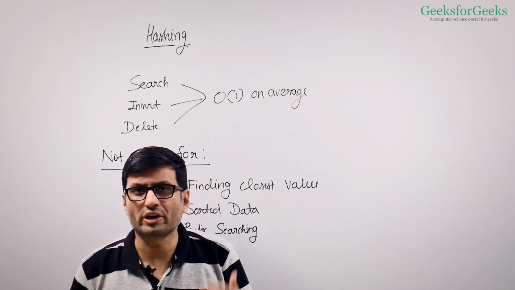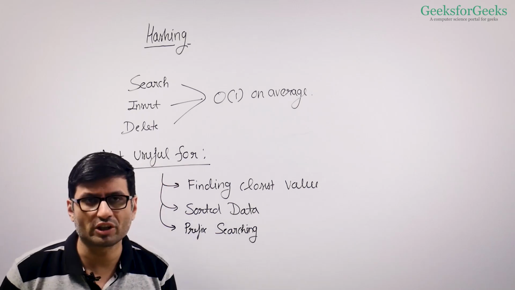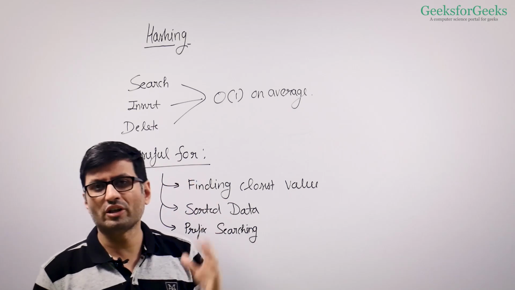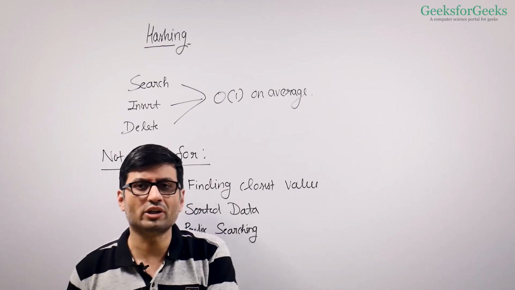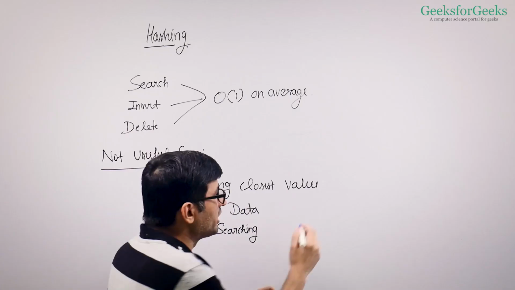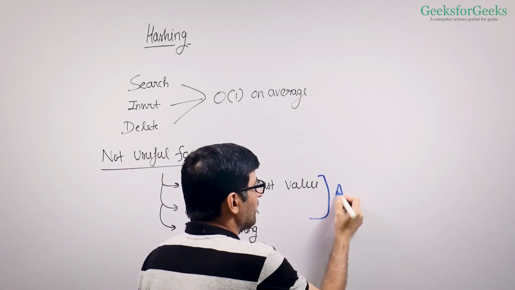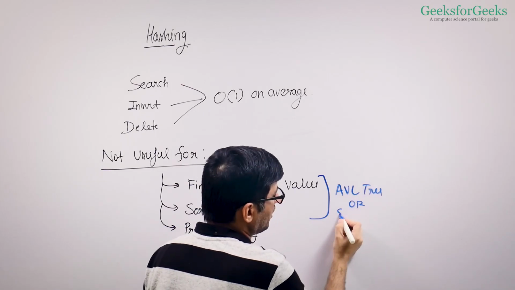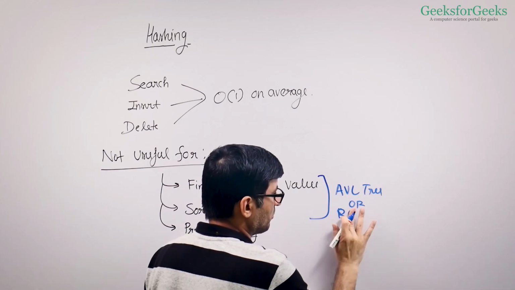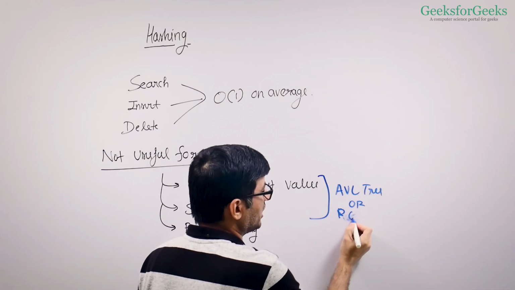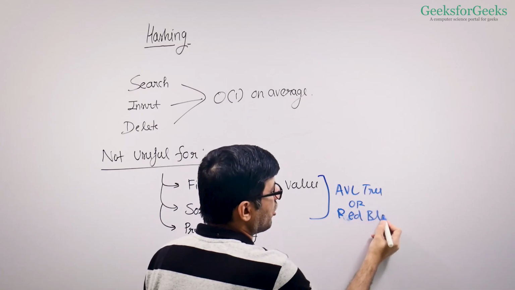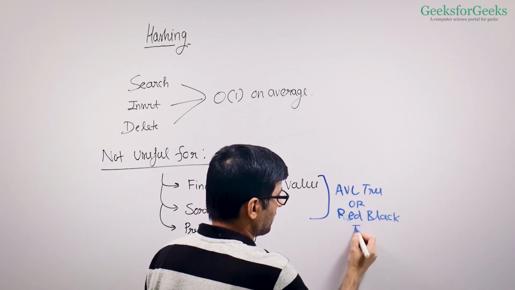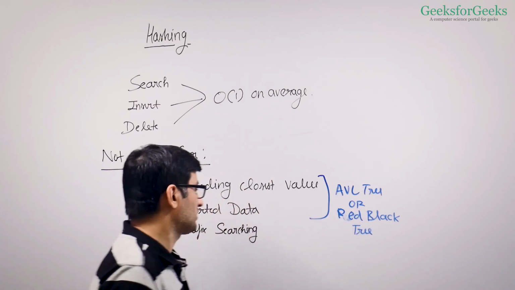If you want sorted traversal, hashing is not a recommended way, because the order is not sorted according to the keys. So for these two places we generally use an AVL tree or red black tree, one of these self-balancing binary search trees, or maybe other versions of self-balancing binary search trees. We'll talk about these in the upcoming tracks.